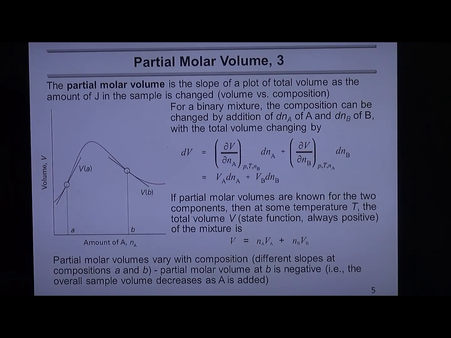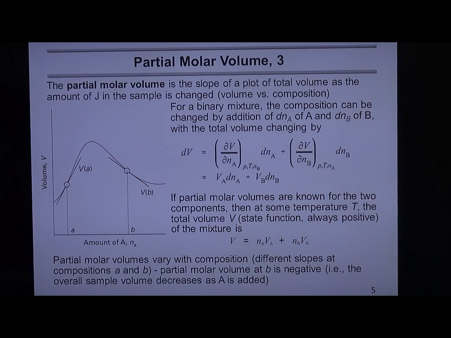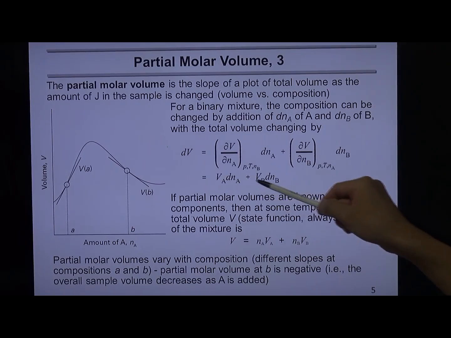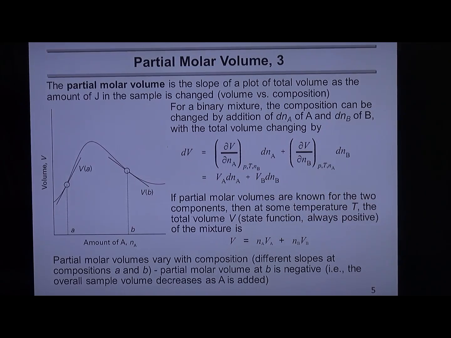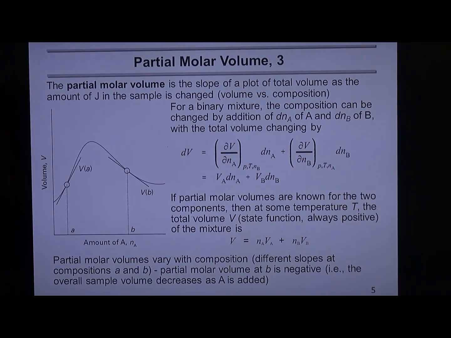Okay? And if the relative compositions are constant, or if partial molar volumes are basically constant, then these can be considered constants, and we can simply integrate both sides, right? And you can get this, right?